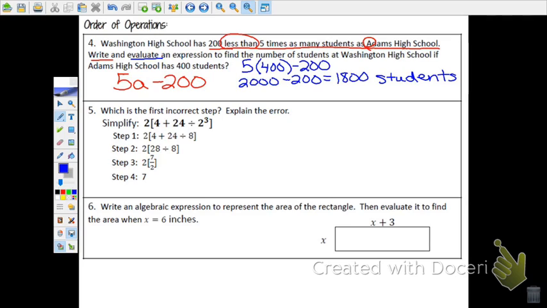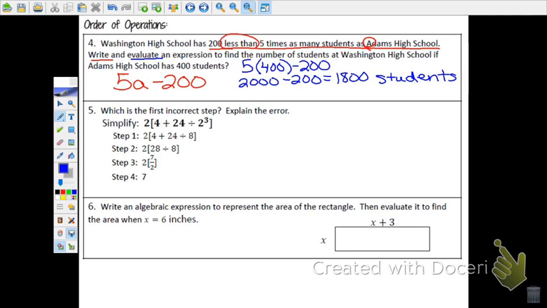Which step is incorrect? They didn't divide. They added instead of divided first.